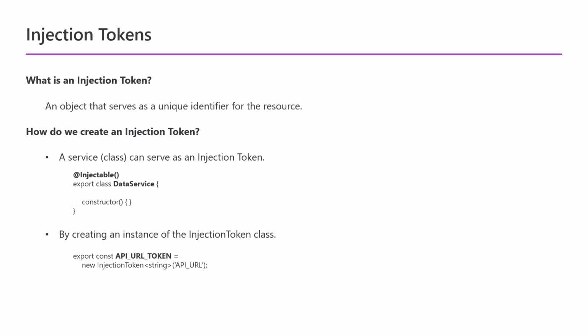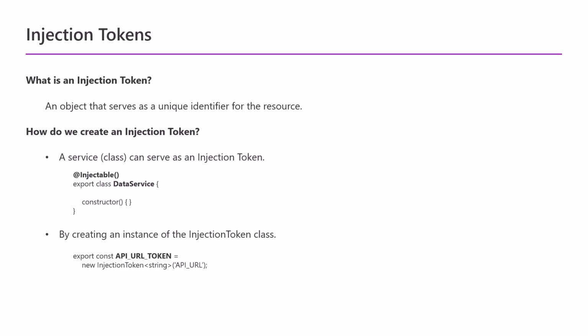And so too do our resources. Every resource in our Angular application has to have a unique name. And the way that we can ensure that a resource has a unique name is by creating an injection token for it. So how do we create injection tokens?